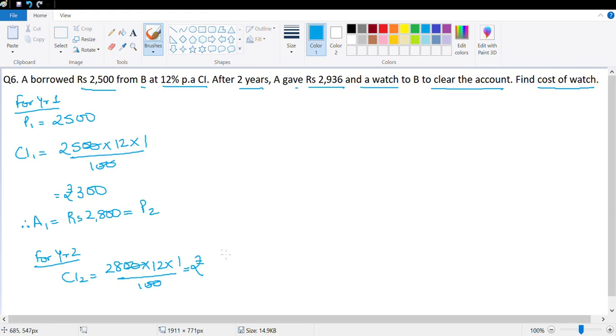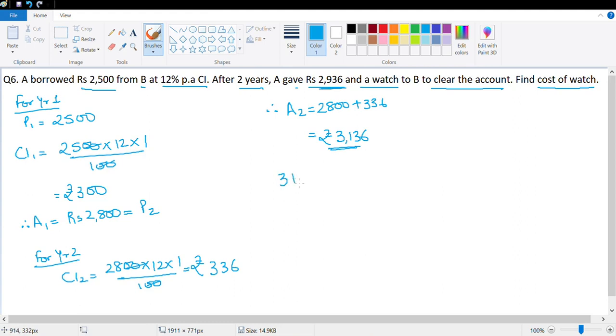So 280 and 56, that's 336. Perfect. Therefore, amount at the end of 2 years would have been 2,800 plus 336, which is equal to rupees 3,136. Yes, 3,136.